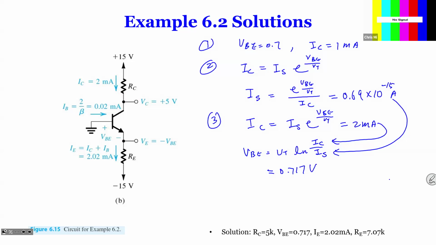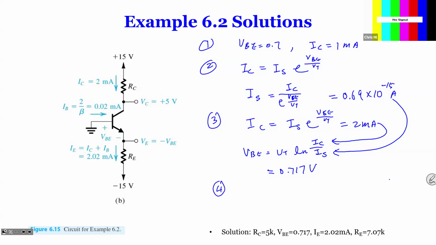So this is larger than 0.7. No, actually, you're right, that's not correct. I wrote it the other way around. So it's going to be IC over IS. Thank you. Yes. Yeah, we all make mistakes, me too.